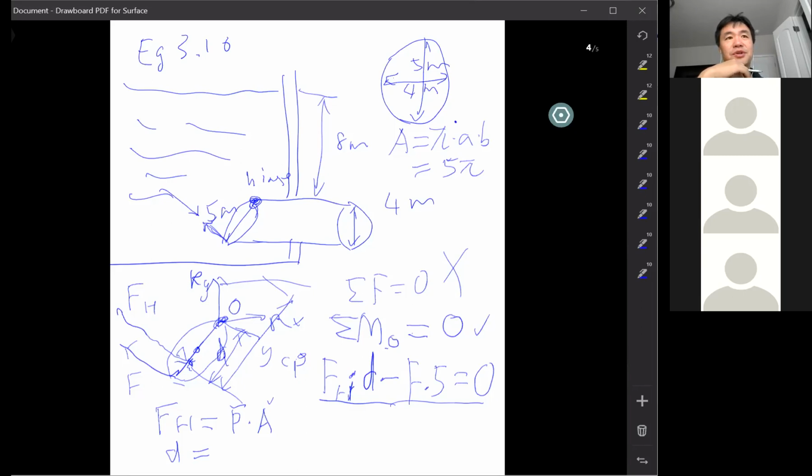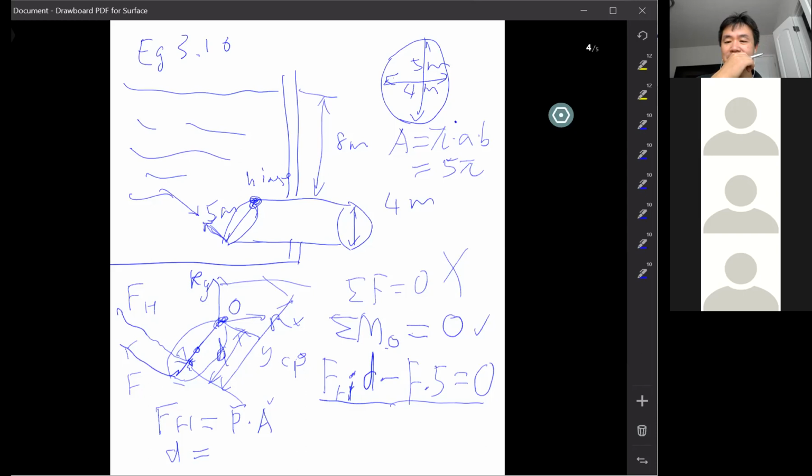What do we use to represent the average pressure? Rho H. No, not rho, sorry, gamma H. No, we use the pressure on the centroid to represent the average pressure. Can you remember this sentence? Everybody?